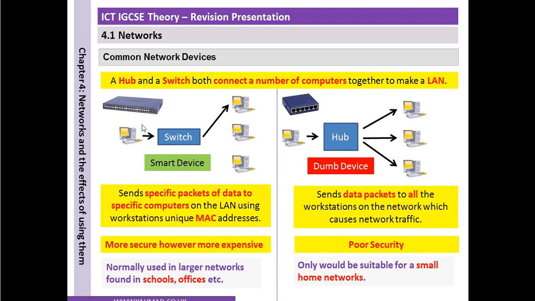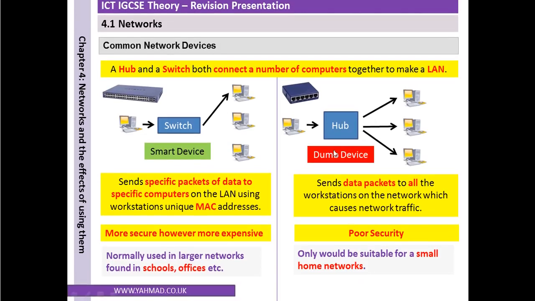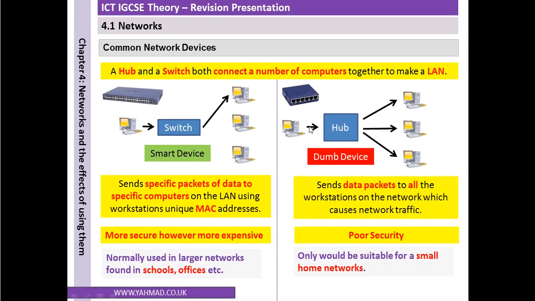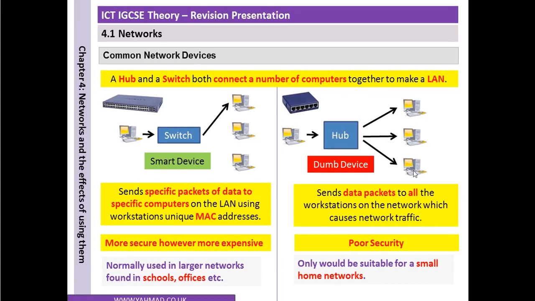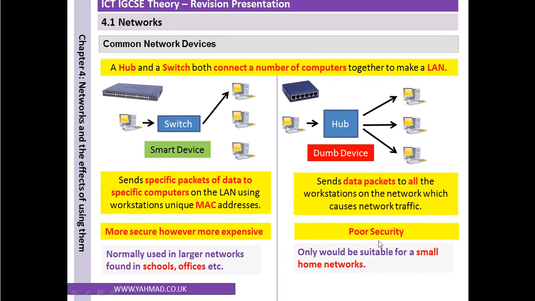Let's say there's a packet of data. It would go specifically to this computer on a switch, because the switch will learn the computer's MAC address. However, the hub is a dumb device and would send packets of data across the network to each workstation. Therefore, it has poor security and would only be suitable for small home networks. But like I said before, the hub has now become an obsolete device.